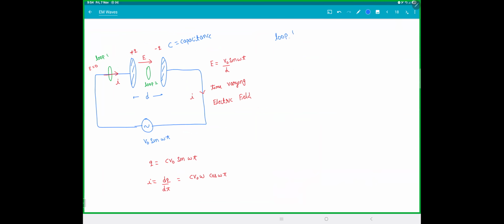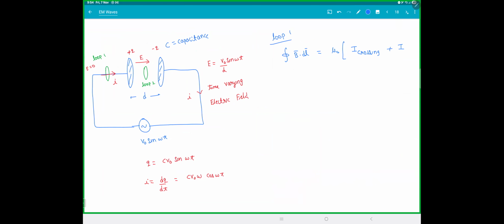For loop 1, integral B dot dl is equal to mu naught times I crossing plus I displacement.